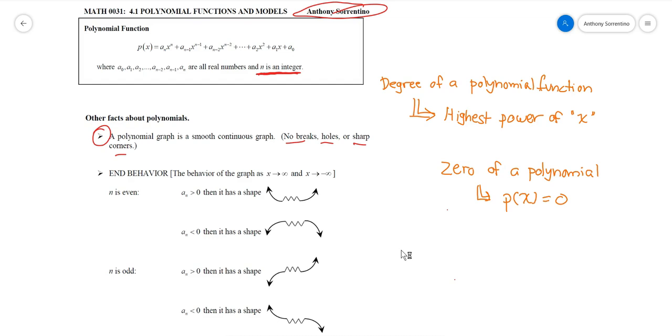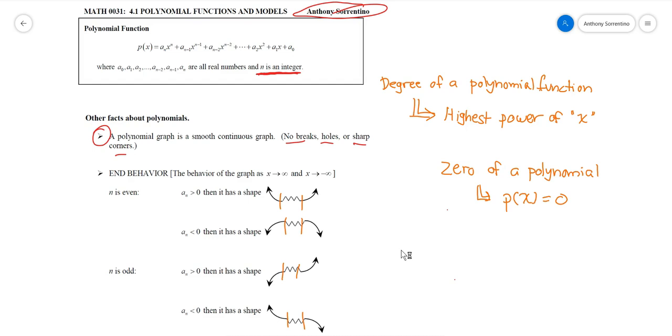It also gives us an idea about the shape of the ends of the function. And that's what these little markings here are indicating. It means there's a whole bunch of different stuff that could be going on in the middle of the function, but if I have an even degree, that means your degree is either 2, 4, 6, 8, and so forth, then I know my graph is going to end pointing in the same direction.